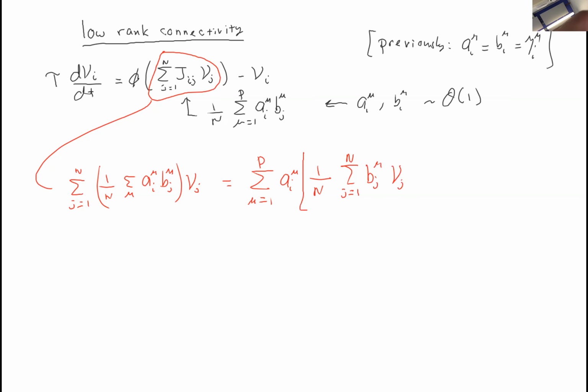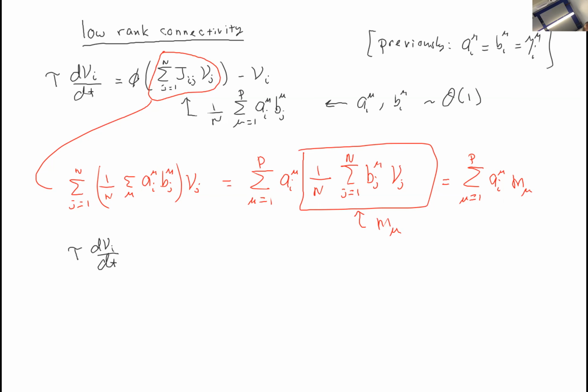And as usual, we find this to be the overlap, m^mu. So this is the sum over mu equals 1 to p of A_i^mu m^mu. Okay, so our equation becomes tau d nu_i dt equals phi of the sum over mu of A_i^mu m^mu minus nu_i. Simpler looking.